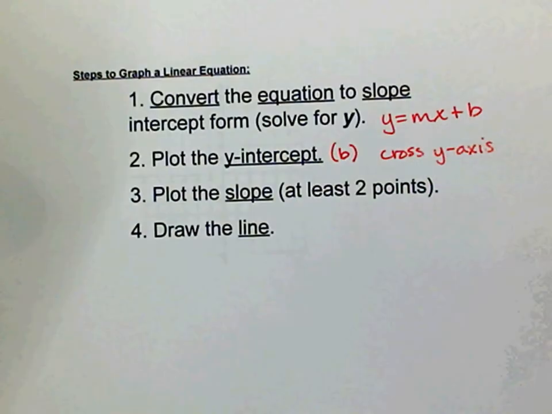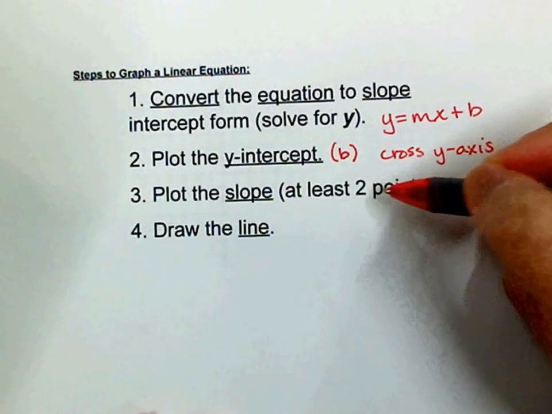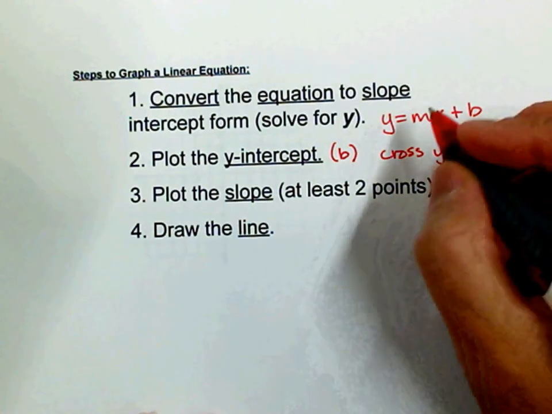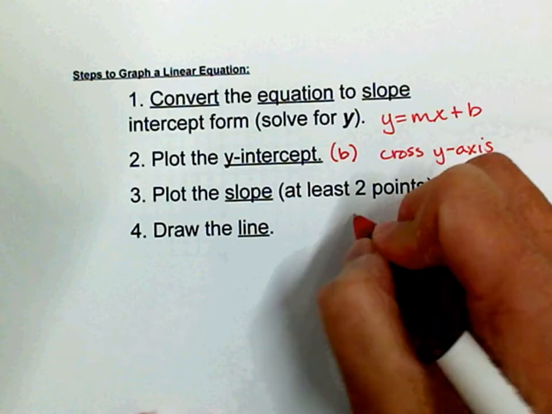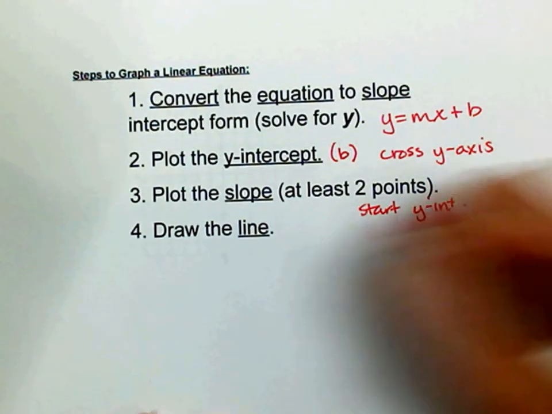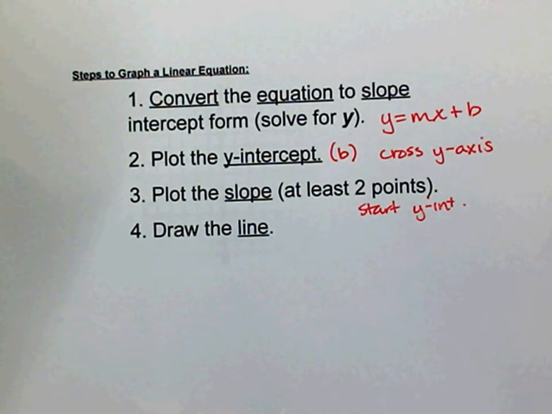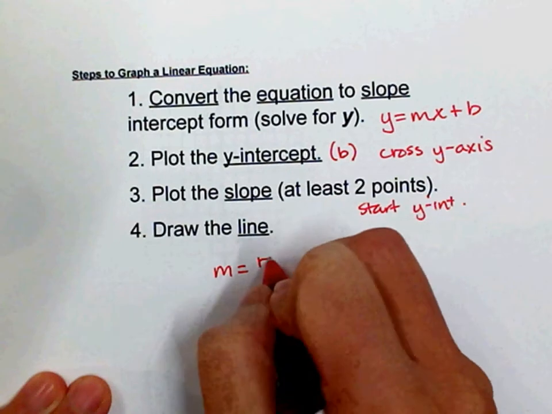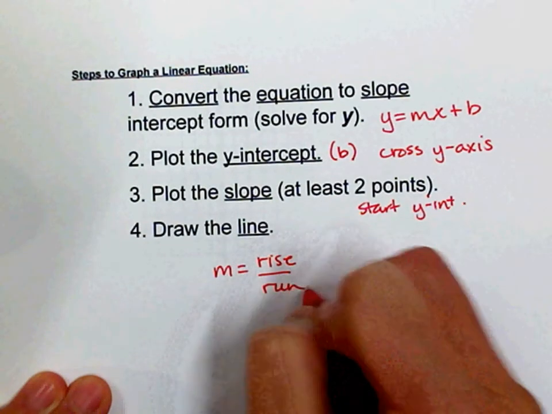You're going to plot the slope at least 2 points. Okay? And then you start at the y-intercept. Start at the y-intercept. And then you pretty much are going to connect the line. All right. And the slope is your rise over your run. Okay?